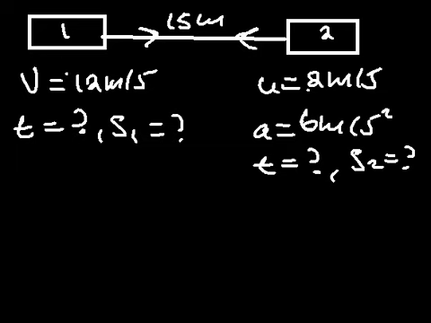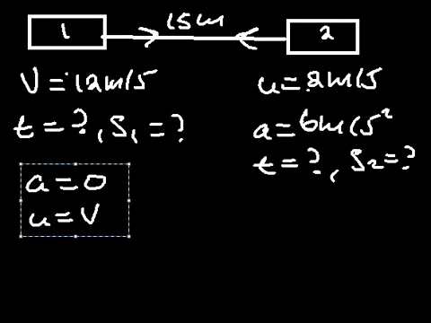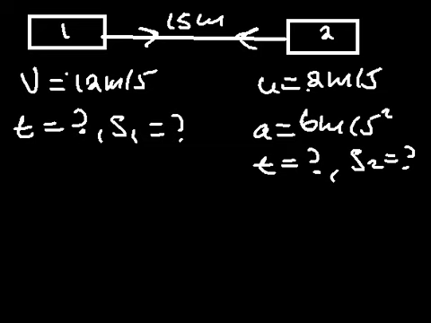Now, since object 1 is moving at a constant speed, it means the acceleration is zero. Hence, the initial velocity is the same as the final velocity, which means S1 will be given as Vt.